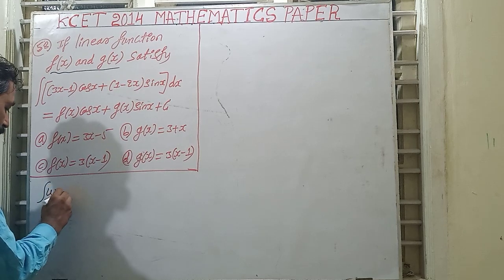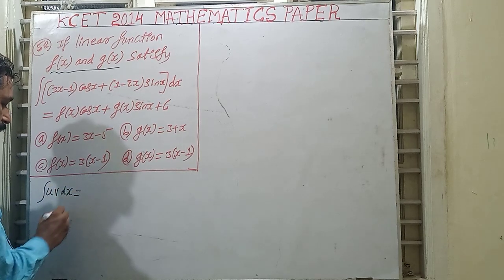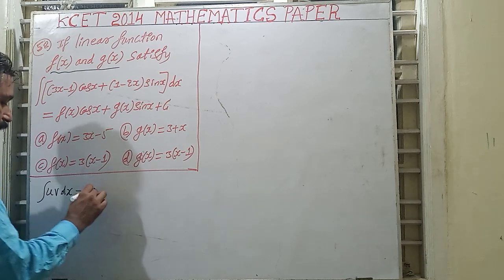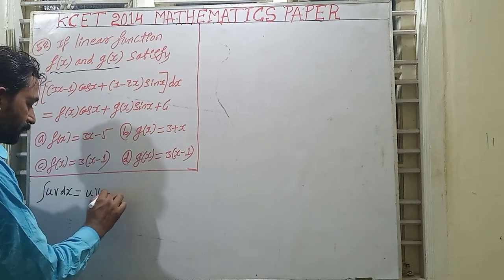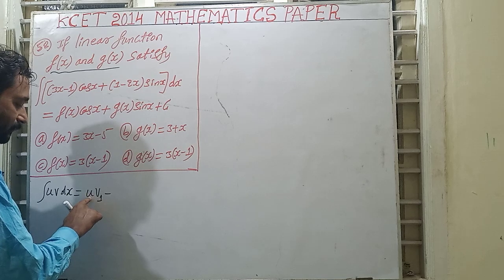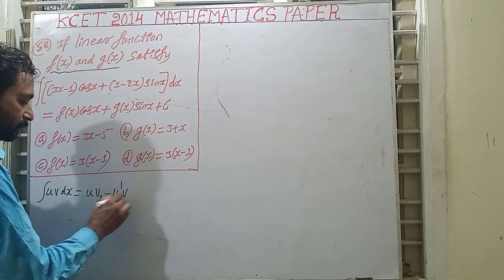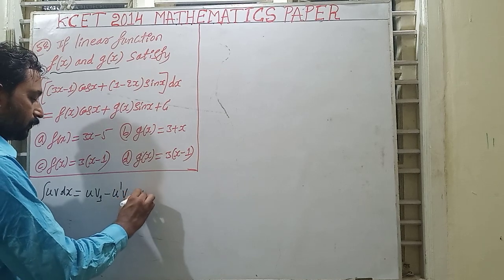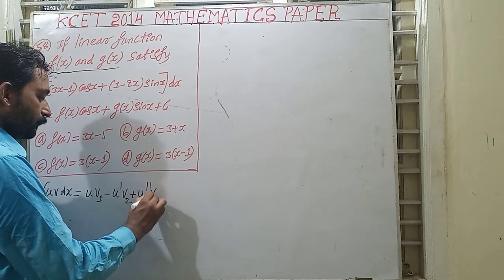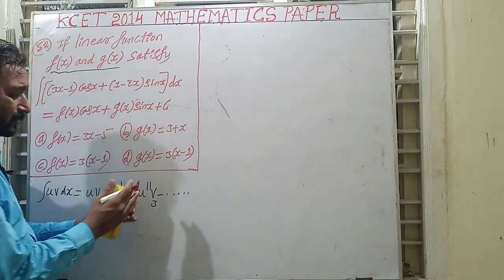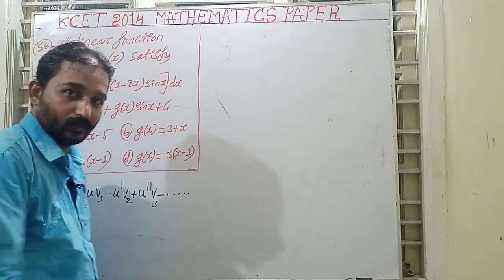The UV rule: integration of u into v with respect to x. u is taken as constant, integration of v is v1, minus successive differentiation of u, first u dash, next again successive integration of v1, v2, plus u double dash, v3, and so on, up to the term becoming 0.